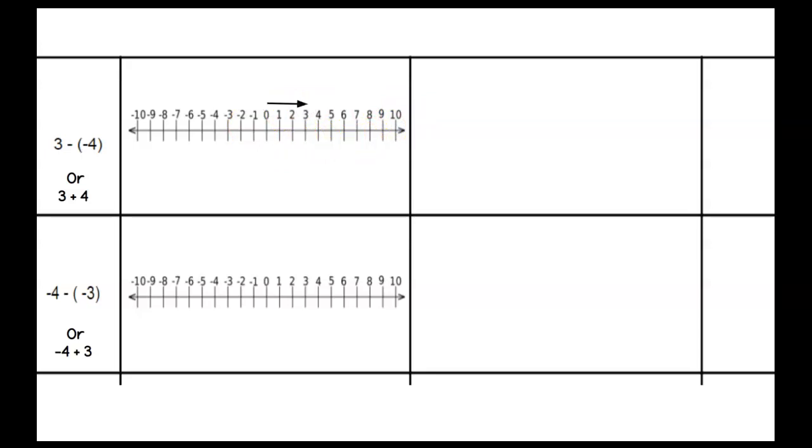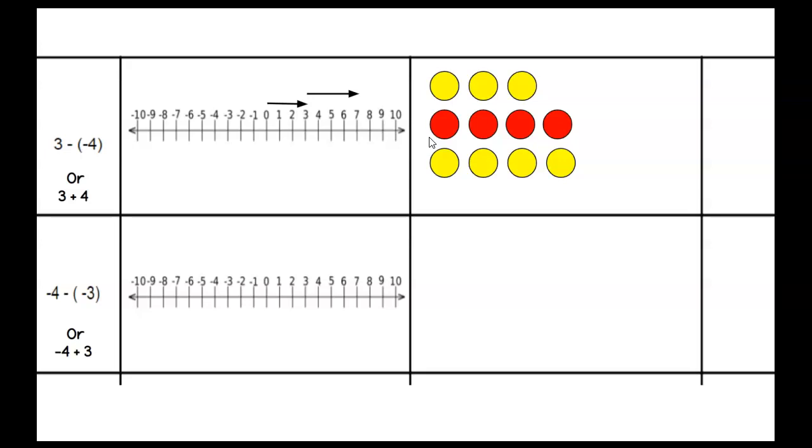So we start with +3, because that's where we start right here. And if we take away negatives, if you think about it, you're getting more positive. So we're taking away 4 negatives and getting more positive by 4, so we get to 7. And here we're going to start with our +3, and we are adding a negative to take away, because we have to take away a negative. So we have a 0 pair, a 0 pair, a 0 pair, a 0 pair.